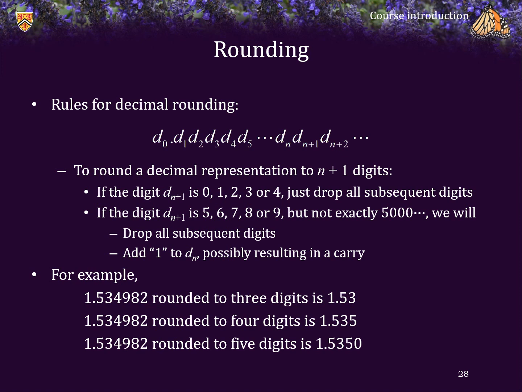Rounding to 5 digits, we note the next digit is an 8, and thus we truncate and add 1 to the digit 9. This, of course, causes a carry, which we calculate through, resulting in 1.5350. Finally, truncating or rounding to 6 digits, the next digit is a 2, and thus we simply truncate to 1.53498.